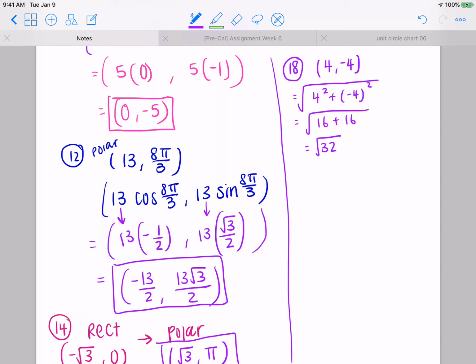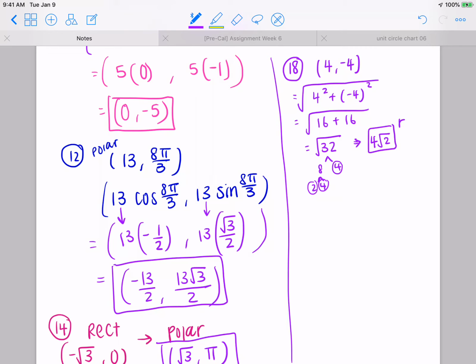Okay, square root of 32, we can simplify this. We can break it into 8 and 4, 2 and 4, and we have a pair of 4. I'm going to keep the 4 outside, and the 2 is its leftover, so the 2 stays inside. Okay, so we got our R ready to go.